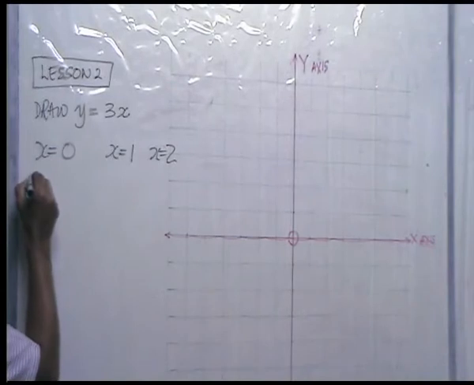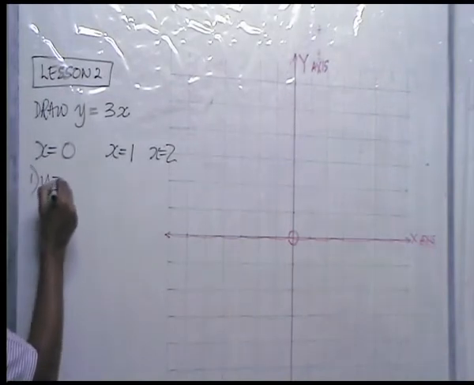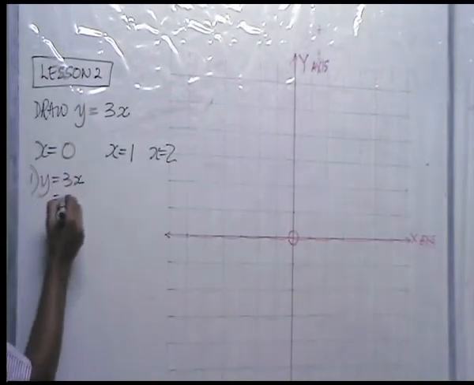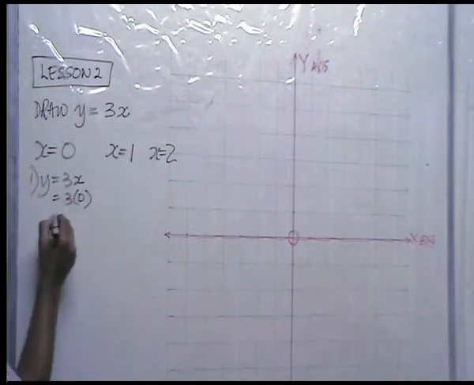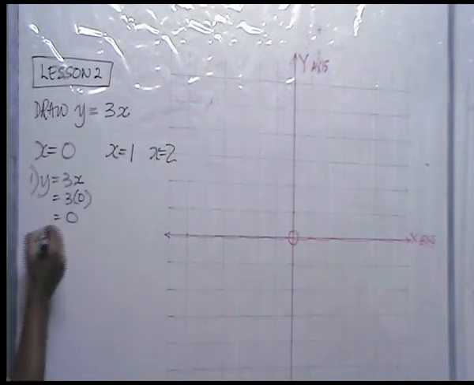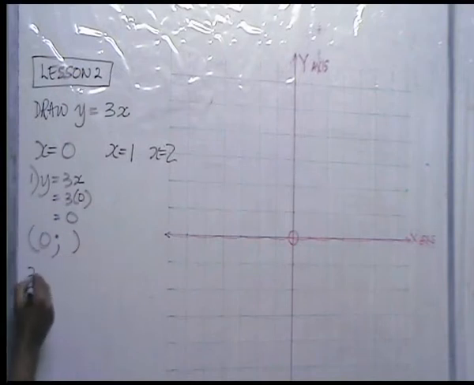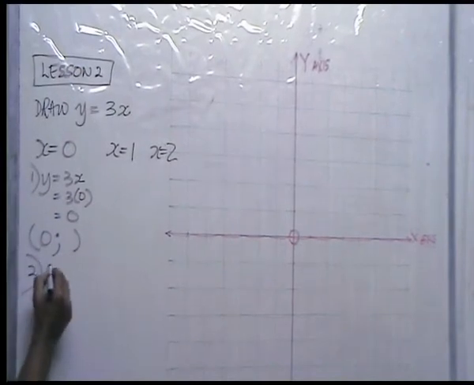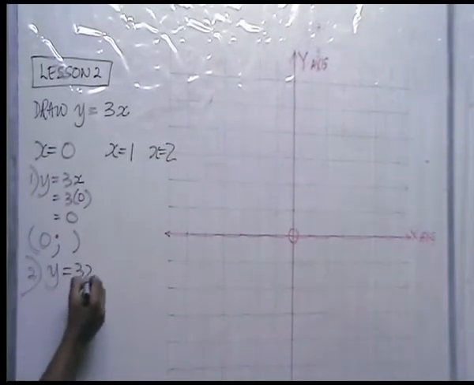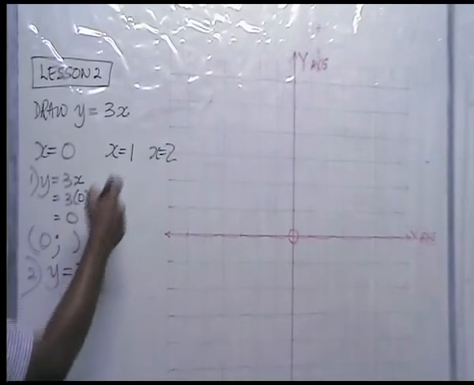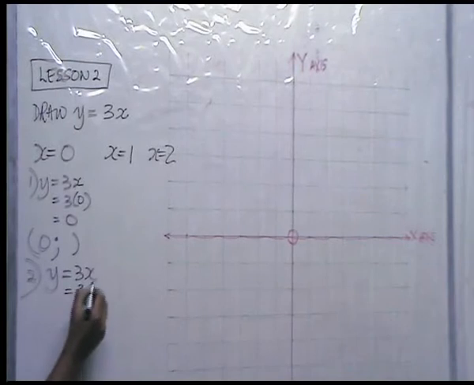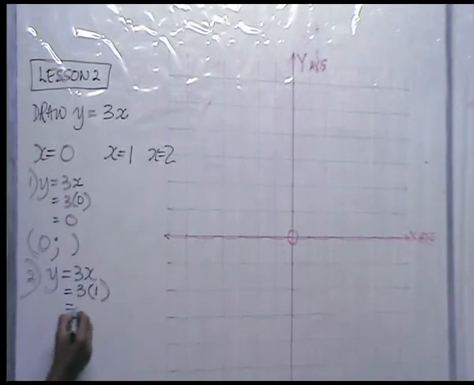If you take y is equal to 3x, that will be 3 times 0, that will be 0. So your first ordered pair is 0, 0. Then the next one, y is equal to 3x with x equal to 1, then y is equal to 3 times 1, which is 3.